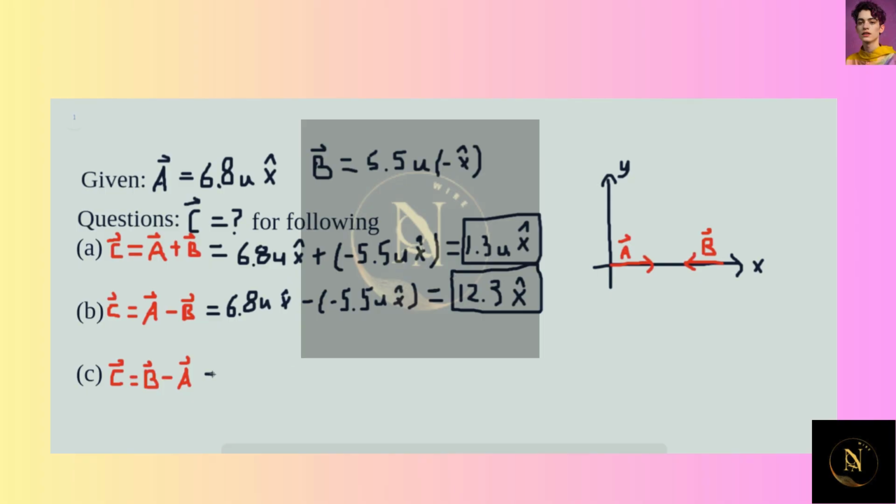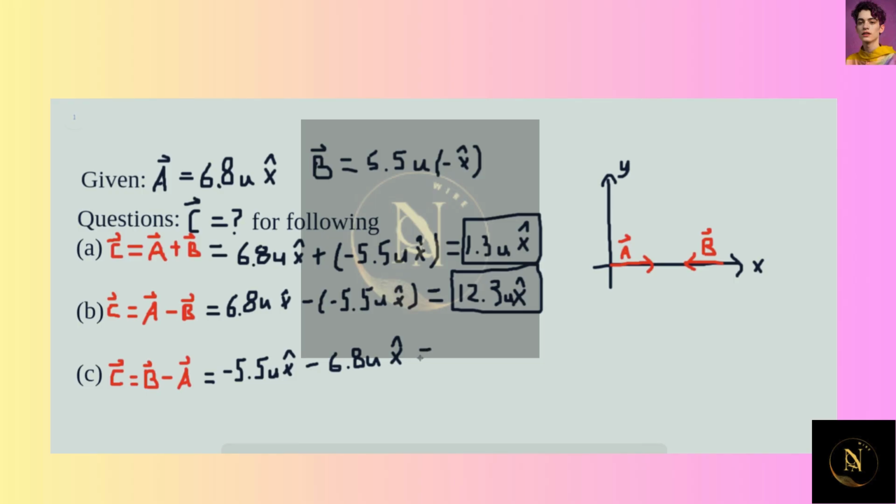Then for C, we want B minus A. Well, B is minus 5.5 units in the X hat direction, right? And then minus A, which is 6.8 units. Oh, I forgot my U up here with the 12.3, so we'll just write that in units in the X hat direction. 6.8 units in the X hat direction.